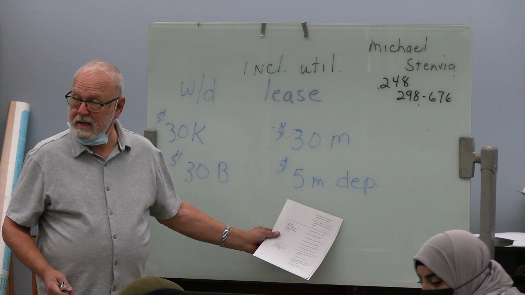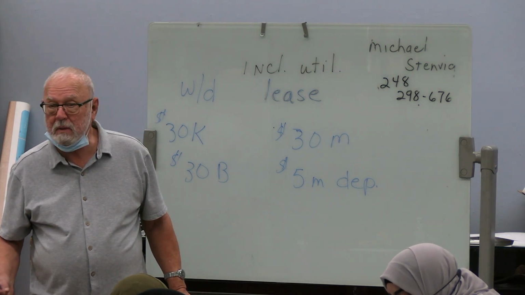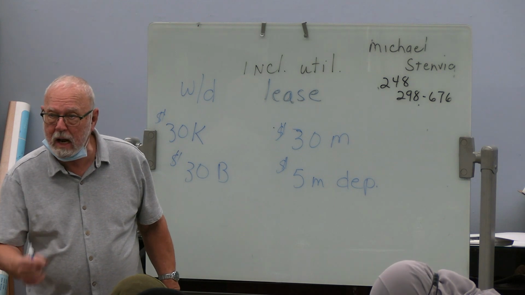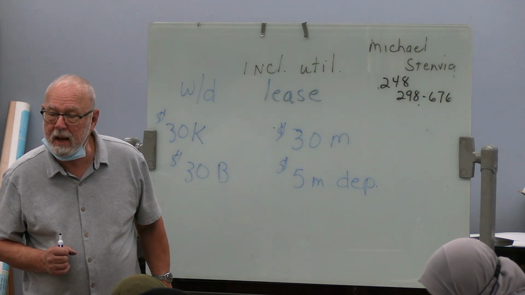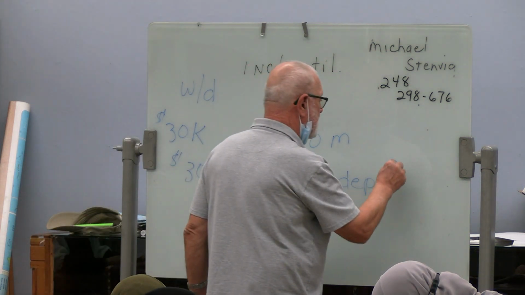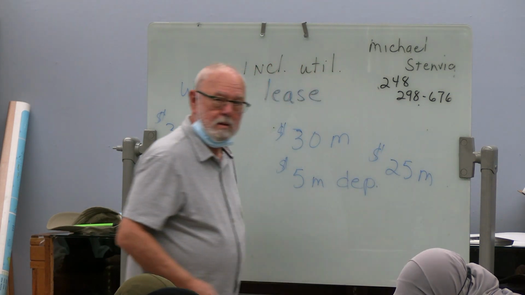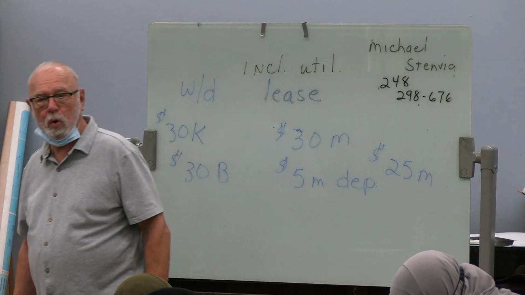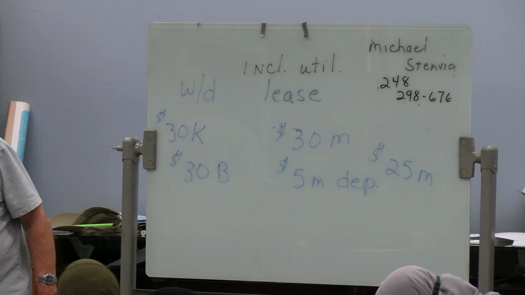You have to put this down right away. Give me 5 million right now. And then you start paying me, and you owe me that much more for a total of 30 million.